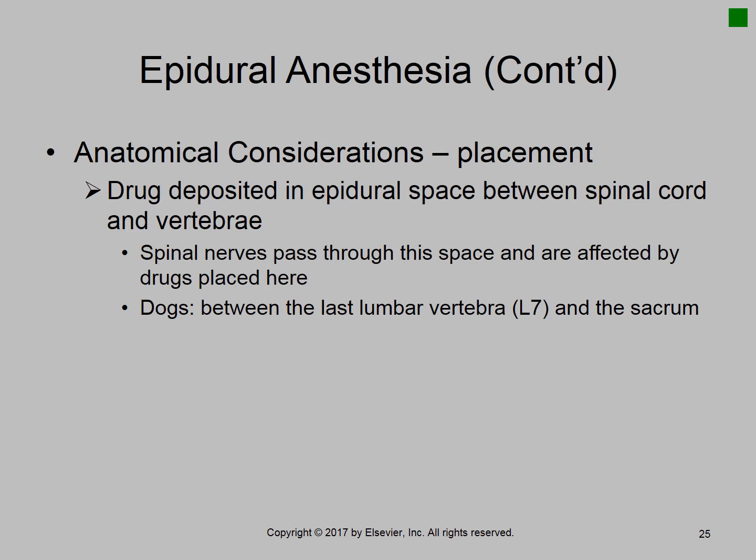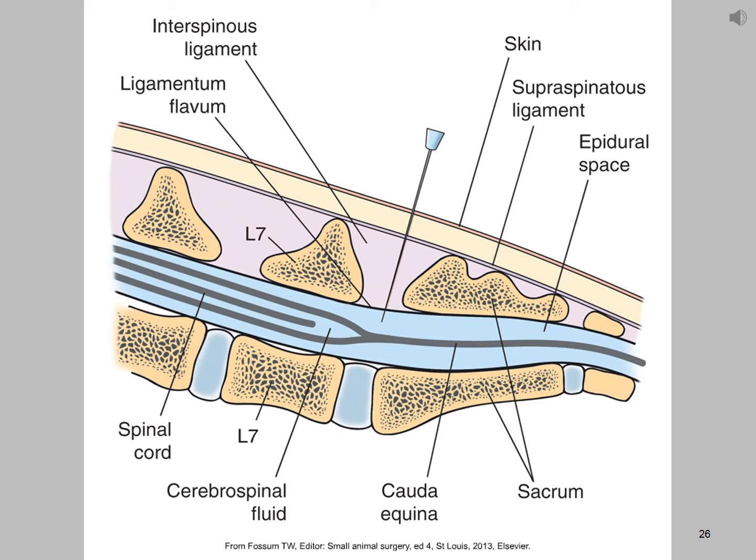When we're doing an epidural, the drug is deposited in the epidural space outside the dura, between the spinal cord and the vertebrae. Spinal nerves pass through this space and are affected by drugs placed there, just by proximity. In dogs, that's between the last lumbar vertebra, L7, and the sacrum, or S1. Here is a picture of placement, okay?